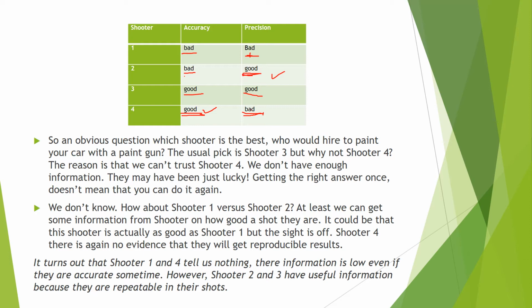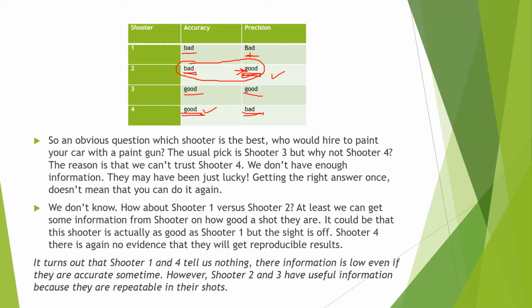Number 2, in terms of a gun, it might be the sight. So for the accuracy, maybe all you have to do is adjust the sight. Maybe he's aiming with his right eye instead of left eye or something like that, and so you can fix that problem really quick. So this is actually good information. You can work with this one right here, because you got information from it.